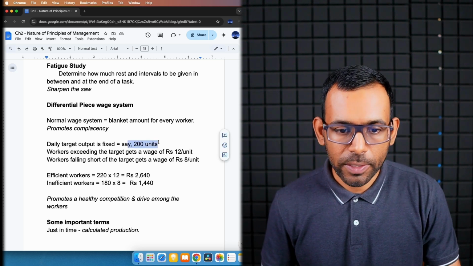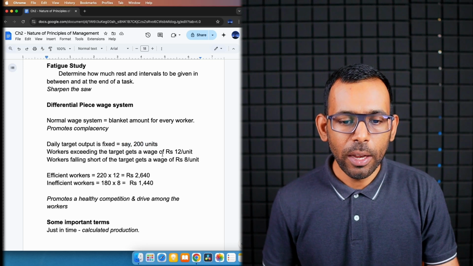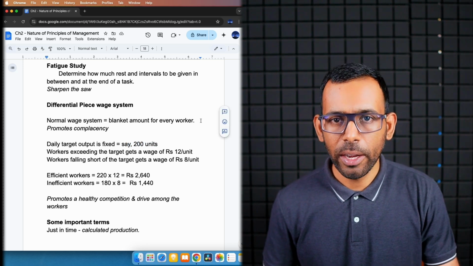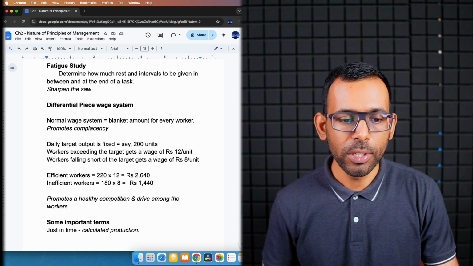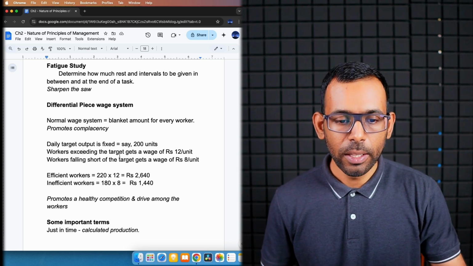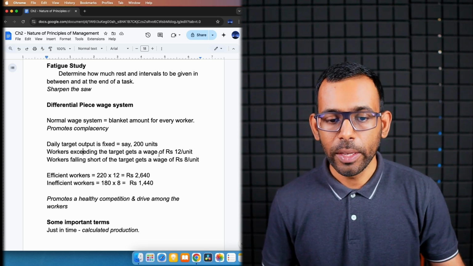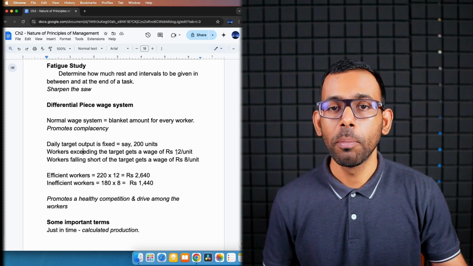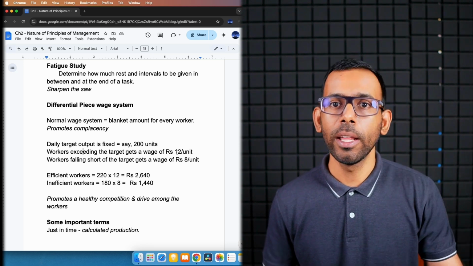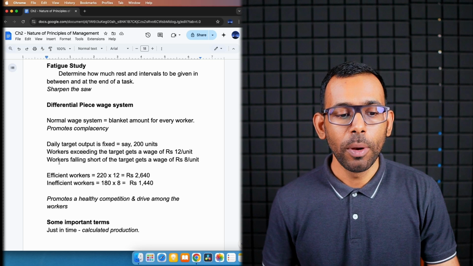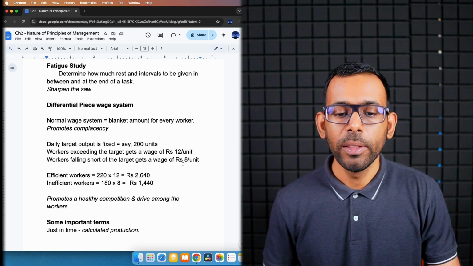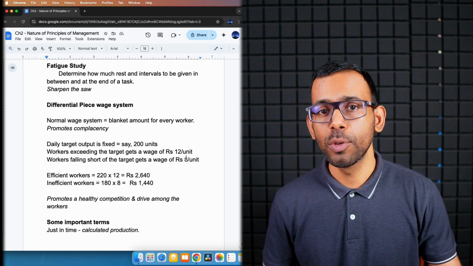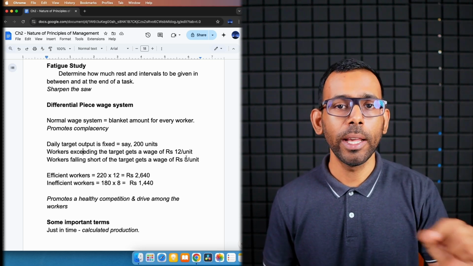The target fixed was 200 units, and instead of having one standard rate for every worker, we have two differential rates, which is if the worker exceeds the daily target of 200, then they get to earn 12 rupees per unit for the entire output that they produced. But if the workers are falling short of this 200, then their per unit wage rate drops to only 8 per unit for the entire output produced.